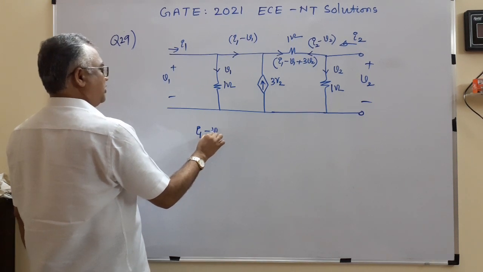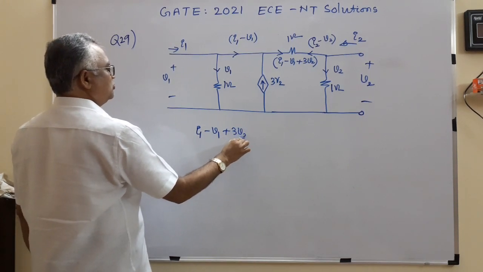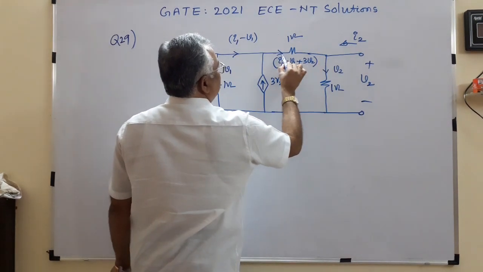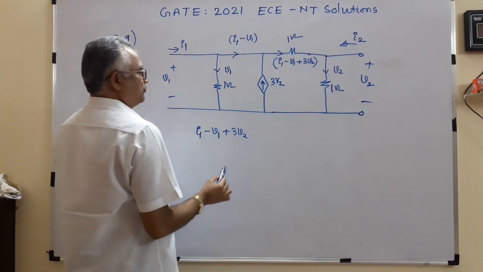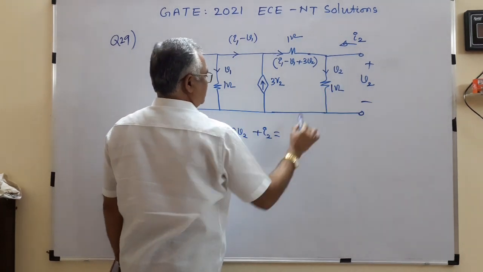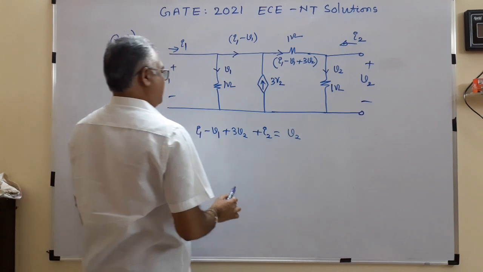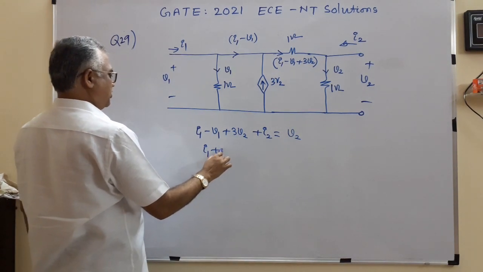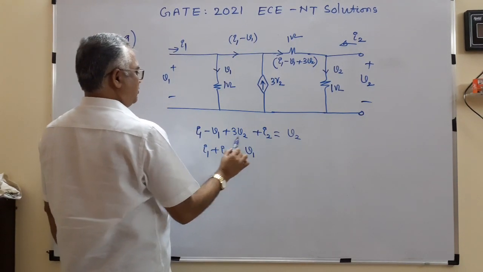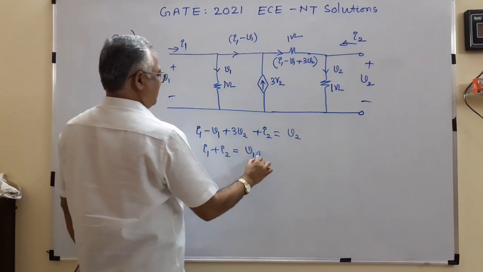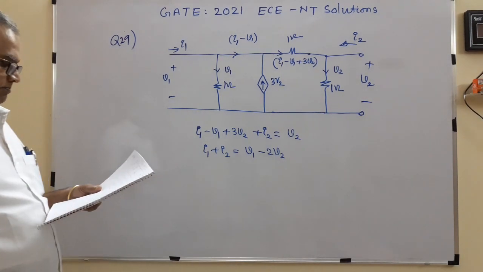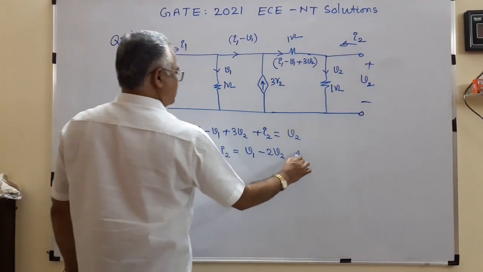So I1 minus V1 plus 3V2 is this current, added with I2, plus I2 is equal to the current V2 by 1, so V2. From this, I1 plus I2 is equal to V1 minus 2V2. So this is one equation.